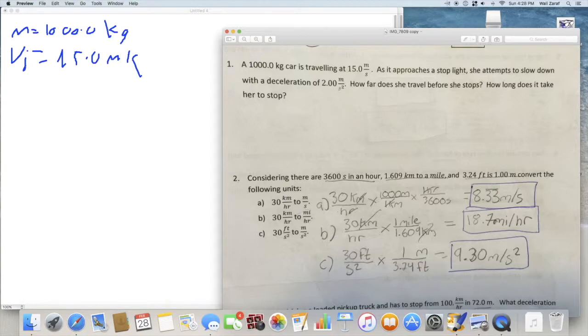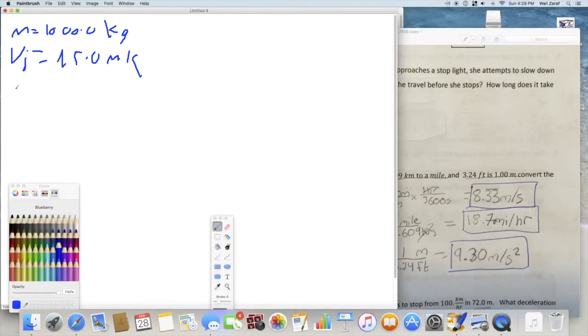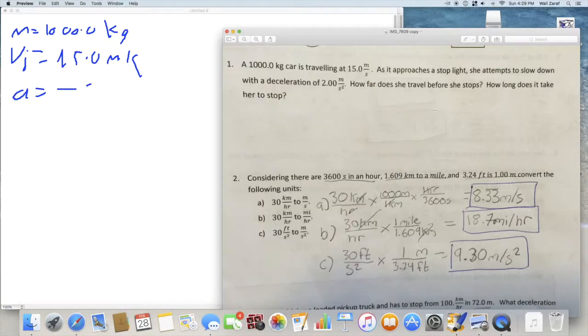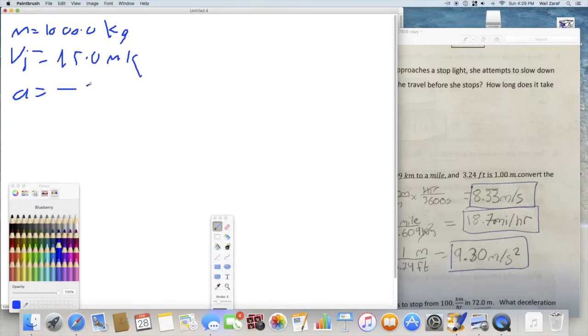She attempts to slow down with a deceleration. This is important here. Attempts to slow down with a deceleration, which means that whatever speed she's going, she has a negative acceleration slowing her down. So we know that the acceleration is negative 2.0 meters per second squared.